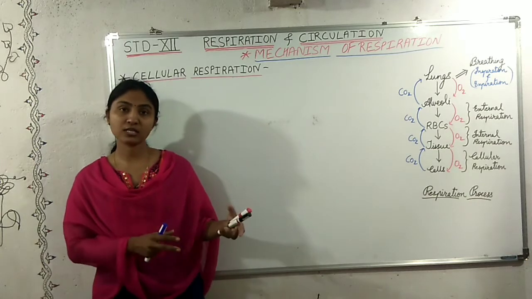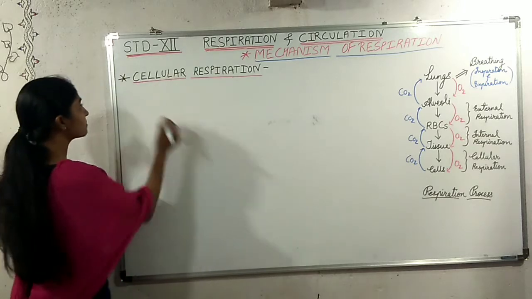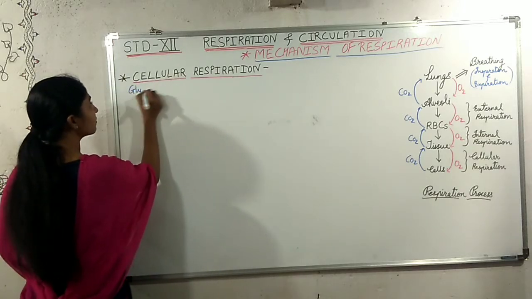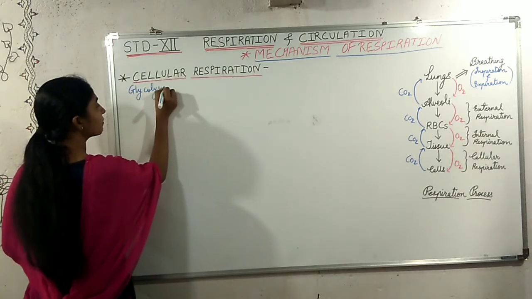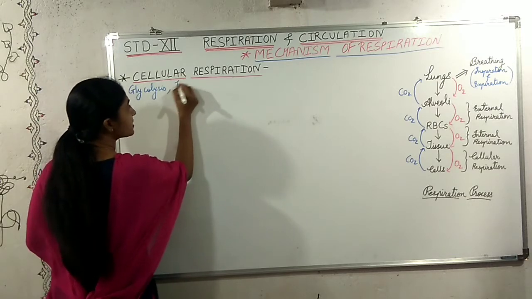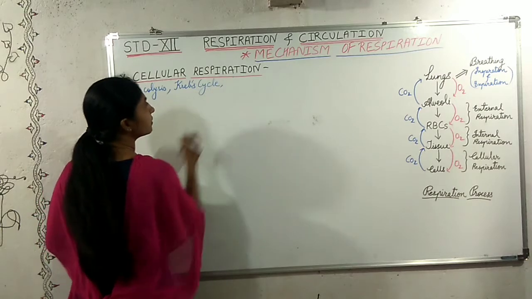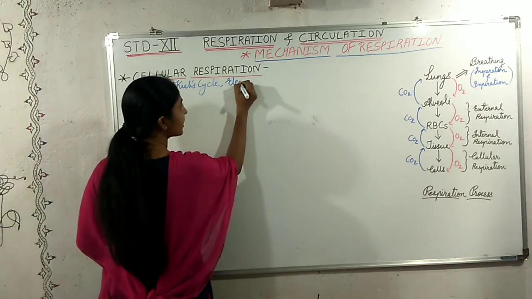Now in lower classes you have studied the processes like glycolysis, then Krebs cycle, electron transport chain.